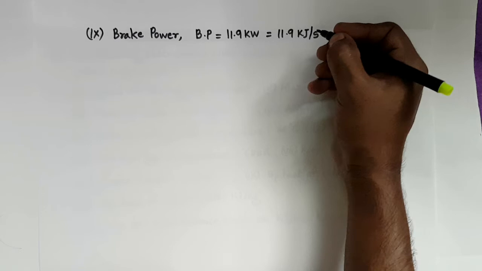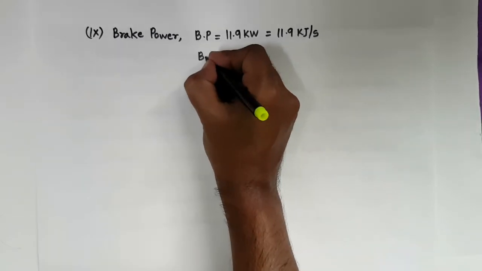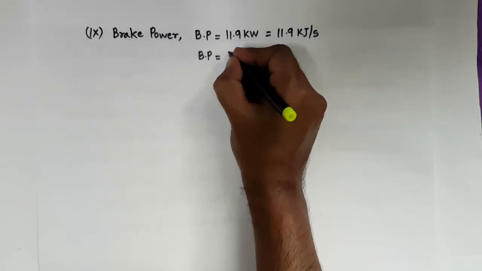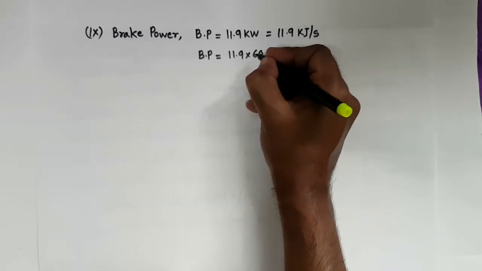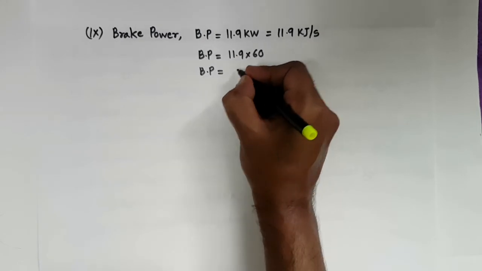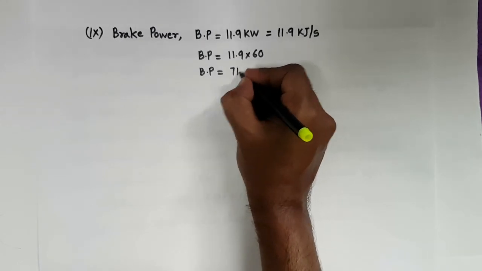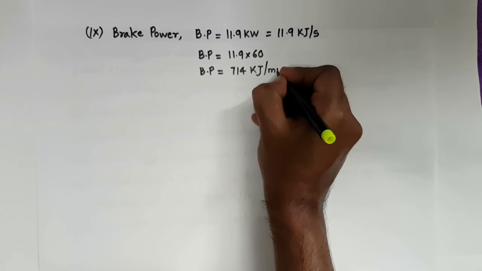So this is in kilojoule per second. We have to convert it into kilojoule per minute by multiplying it by 60. So we got this value, brake power in kilojoule per minute, as 714 kilojoule per minute.